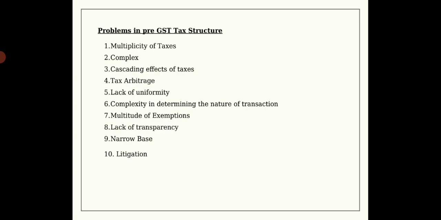Fourth, tax arbitrage. Fifth, lack of uniformity. Sixth, complexity in determining the nature of transaction. Seventh, multitude of exemptions. Eighth, lack of transparency. Ninth, narrow base. And last, tenth, litigation.